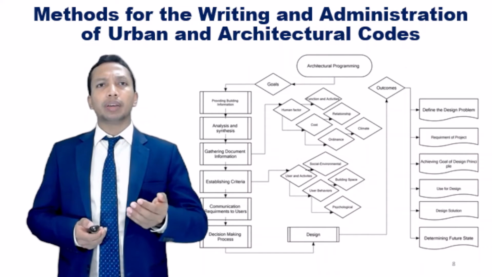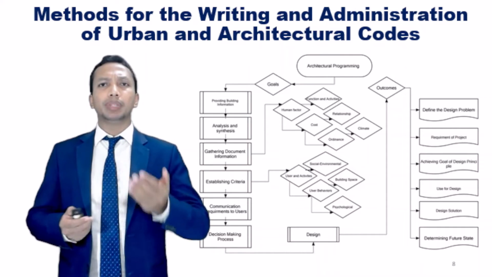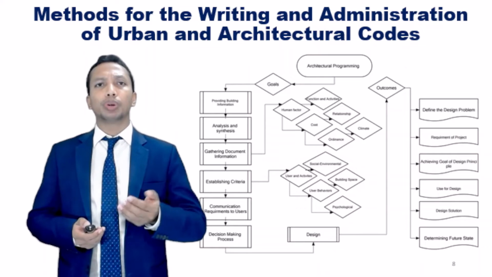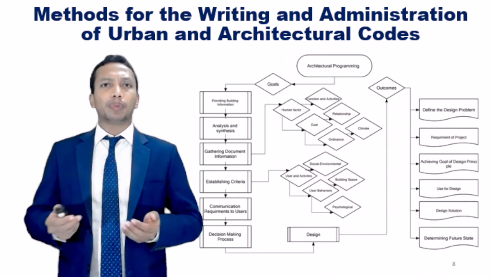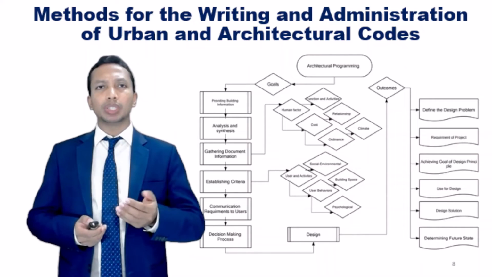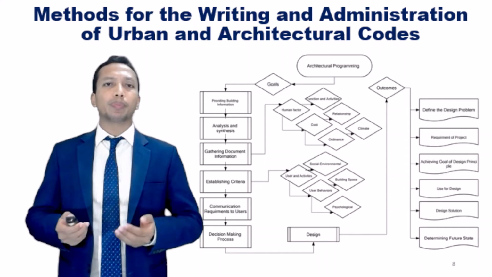This requires a fusion of planning, law, design, and public administration. Such codes specify the ground rules for the incremental process of high-quality city building, working with communities to reach agreement on the fundamentals of good city form for particular places.